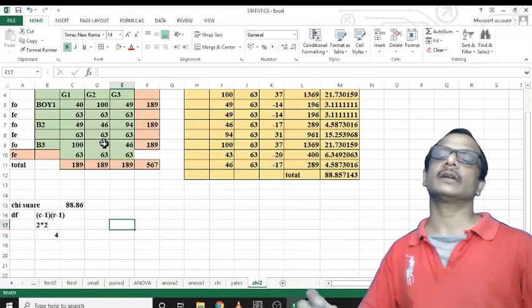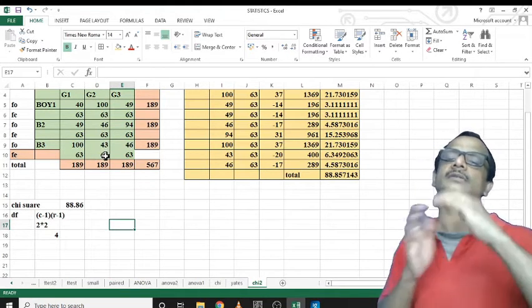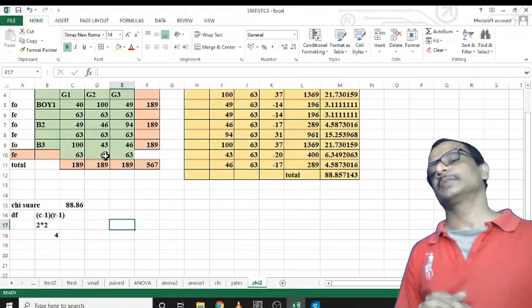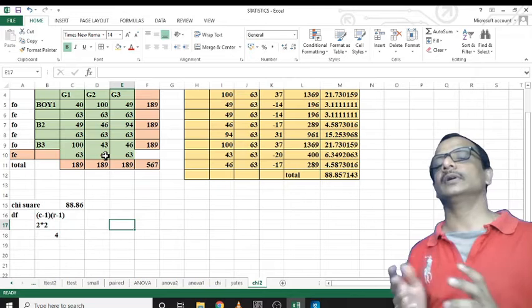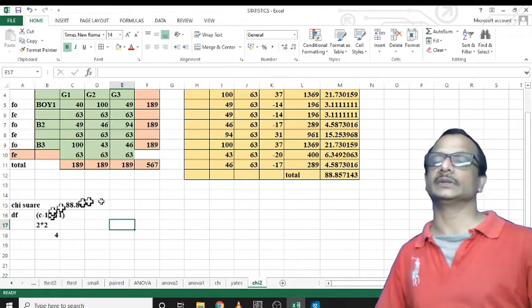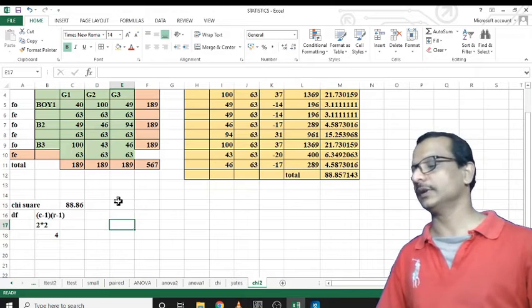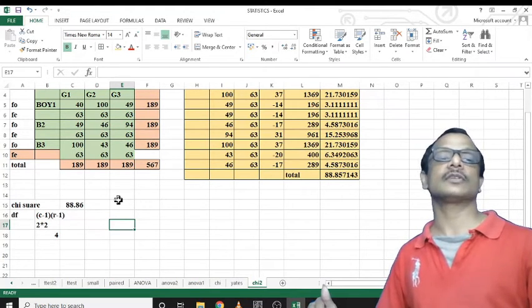In that way we can categorize, and compare different independent categories of different groups. To compare, we can use this method, and this method is known as the test of independence, the chi-square test of independence.